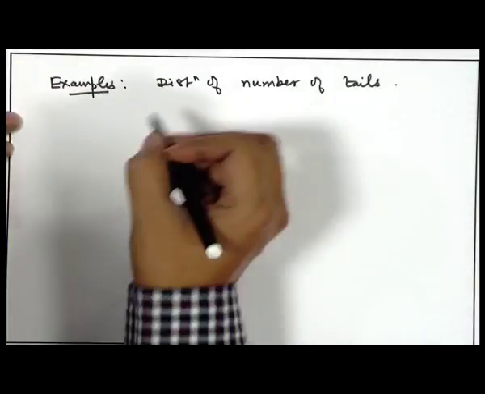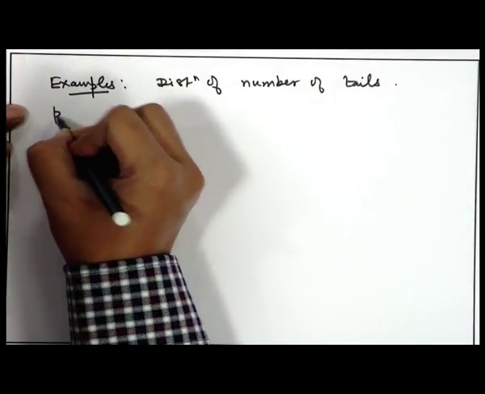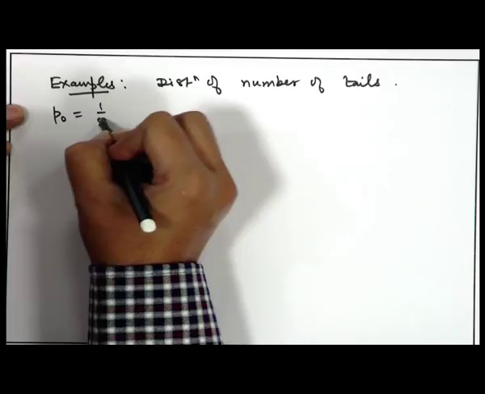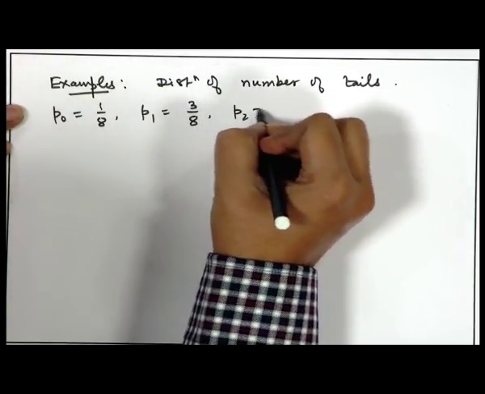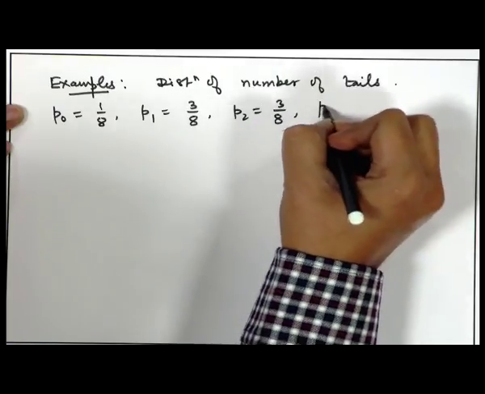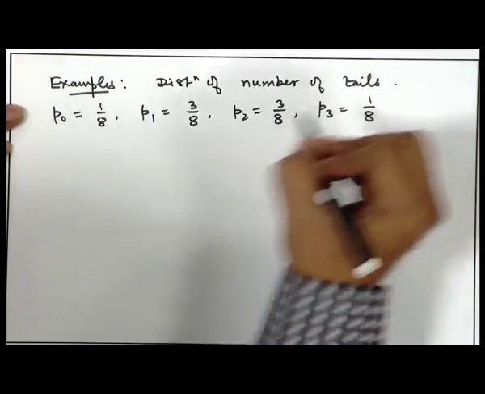So, for your reference, I will again write here, P0 was 1 by 8, P1 was 3 by 8, P2 was 3 by 8 and P3 was 1 by 8.